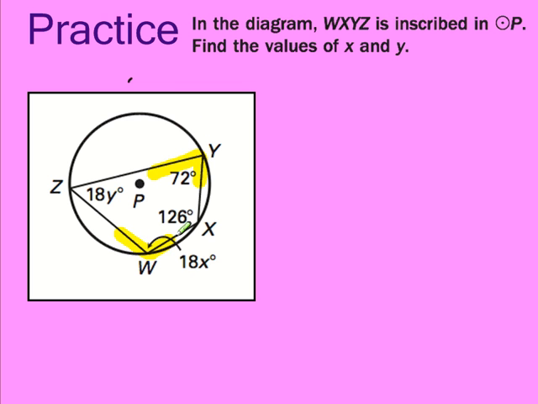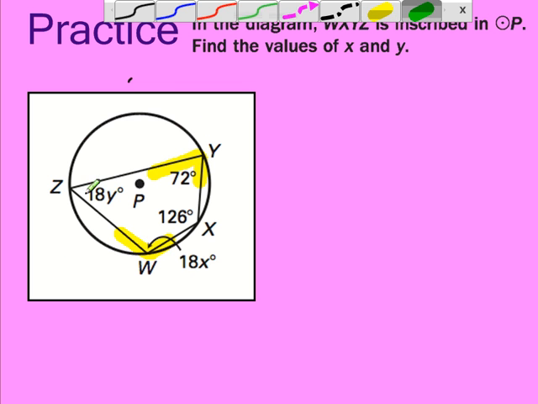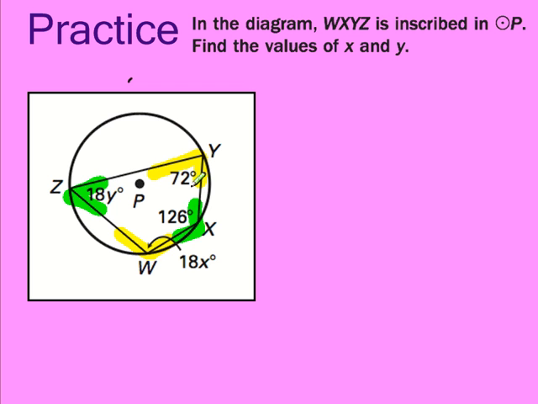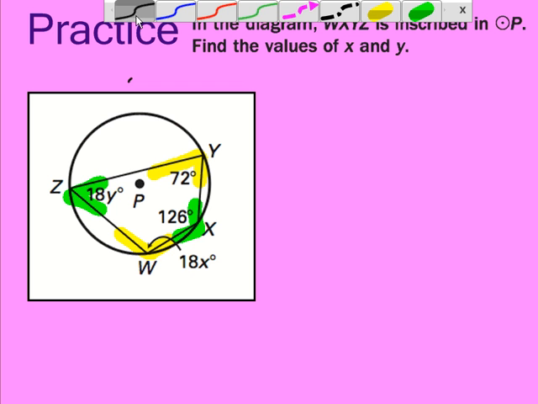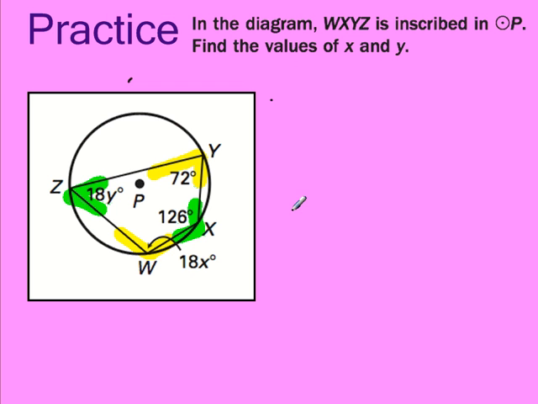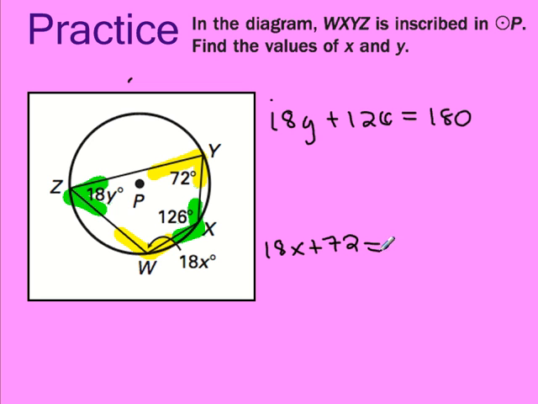So angle W and Y have to add up to 180 degrees, and angle Z and X have to add up to 180 degrees. And we can come up with two equations that show this. So we'll start out by saying 18y plus 126 is equal to 180 degrees. And then the other equation is 18x plus 72 is equal to 180 degrees.